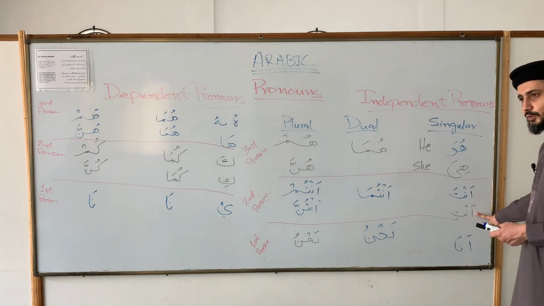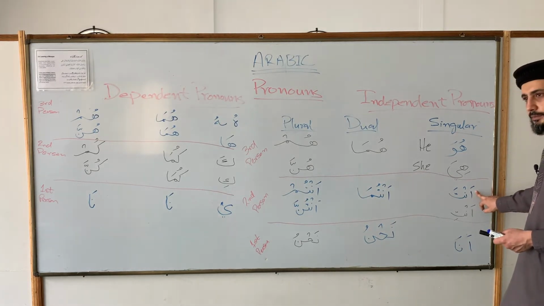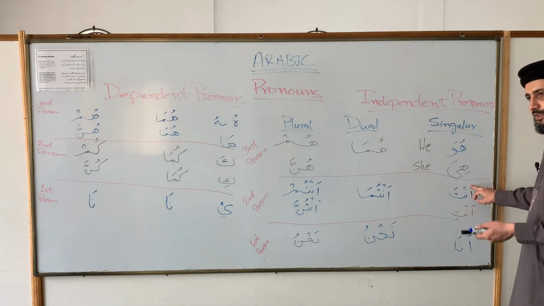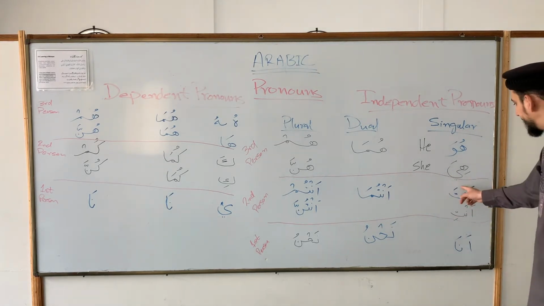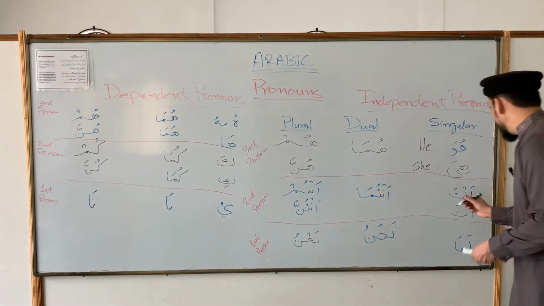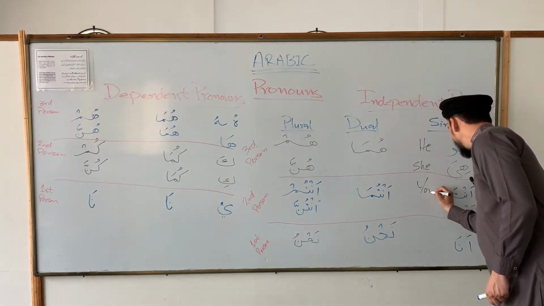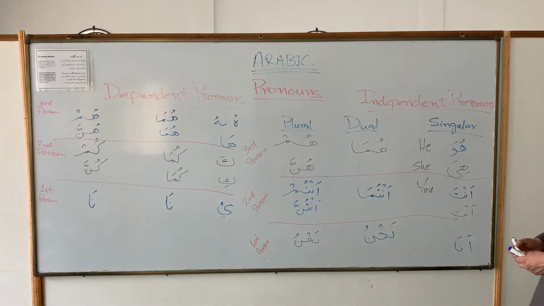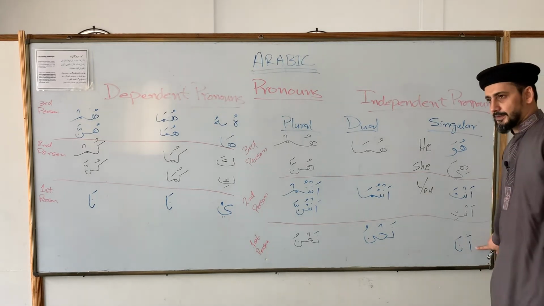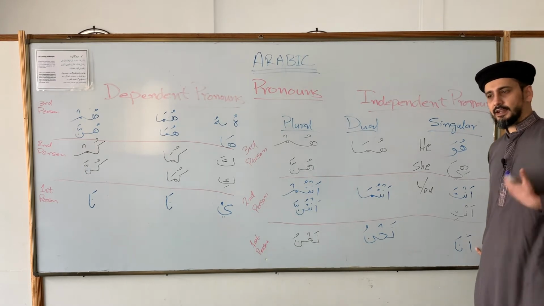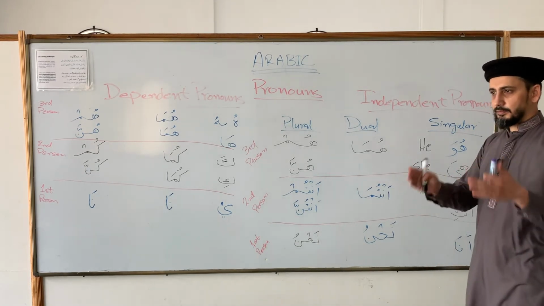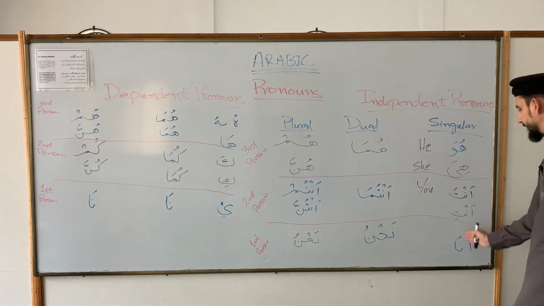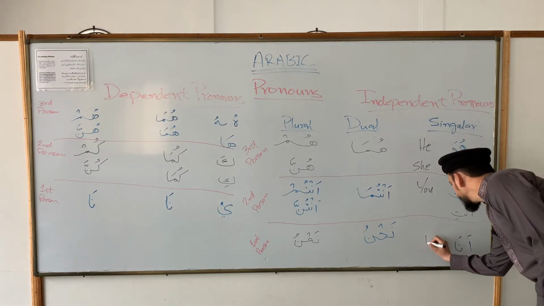Anta is for the male and anti is for the female. Anta has the fatha, and anti has the kasra. But in the first person, ana means I am. That is the same for male and female. There is no difference. So this is for the singular.